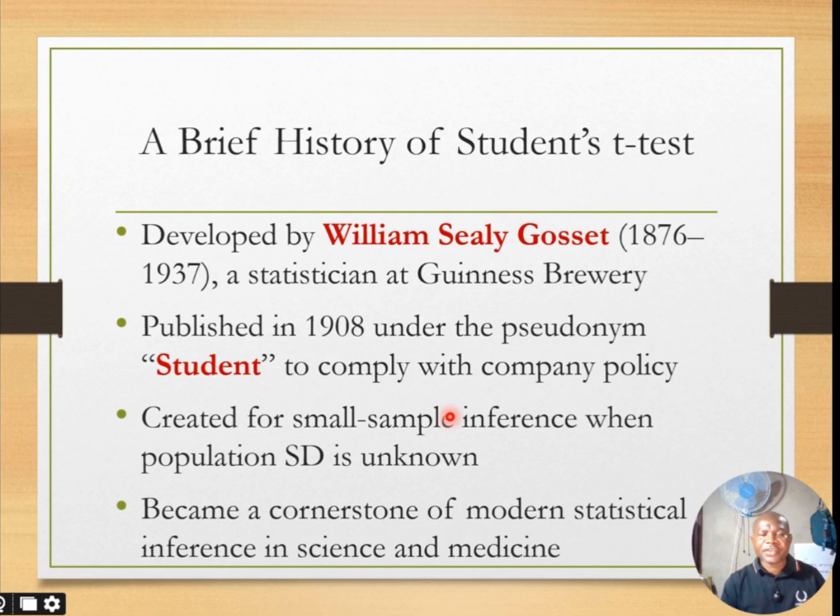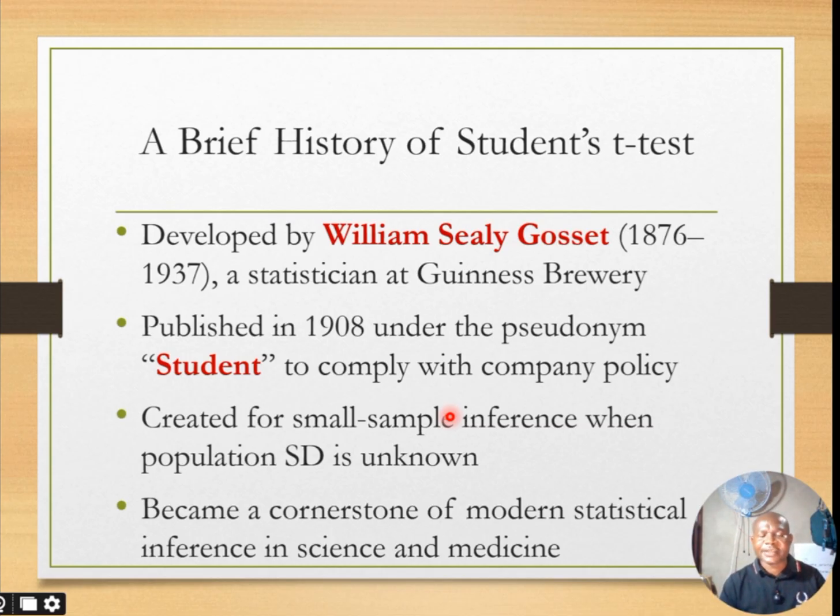So, like a brief history, I've laid the foundation already. The student t-test history is tied to industrial research, where you have a statistician specifically named William Sealy Gosset, between 1876 and 1937. He actually worked with that company at a time when researchers depended on their personal statistical tests for investigating samples obtained from a population.